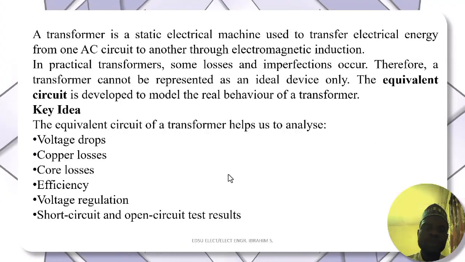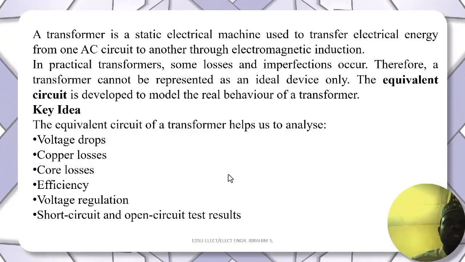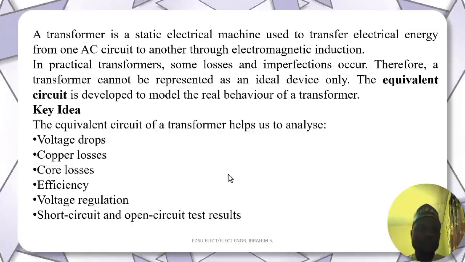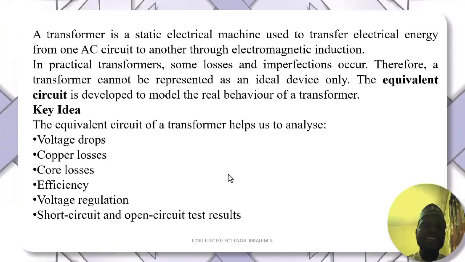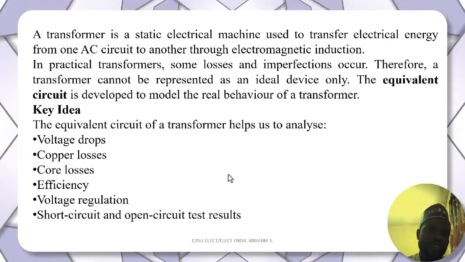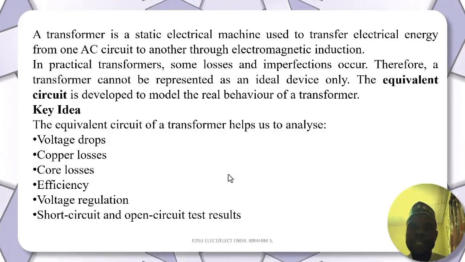Now we already know what a transformer is, because in our previous video we have already given the definition and meaning of a transformer. Again, a transformer is a static electrical machine used to transfer electrical energy from one AC circuit to another AC circuit through electromagnetic induction.